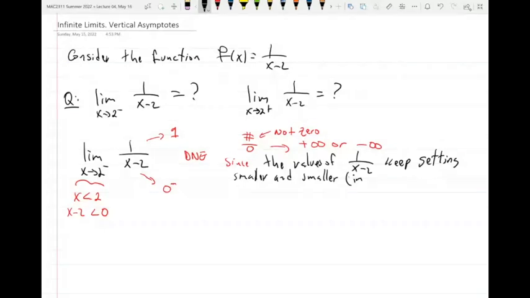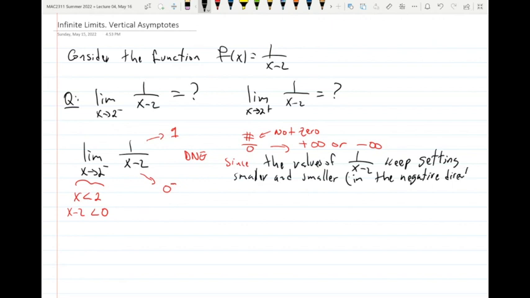Let me specify in the negative direction, because if I say this, then you may start thinking about getting close to 0, and it's not 0, it keeps going down to negative. In the negative direction. So keep getting smaller and smaller without bounds. Okay, that's what happens. That's why the limit does not exist.